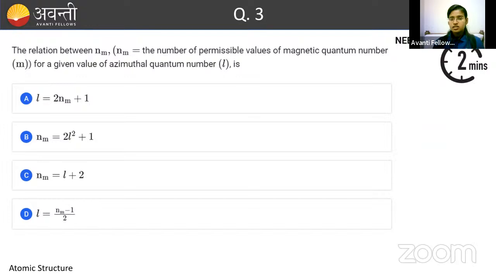If you have got the answer, you can put it in the chat box. It's straight away formula based. The relationship between azimuthal quantum number and magnetic quantum number.